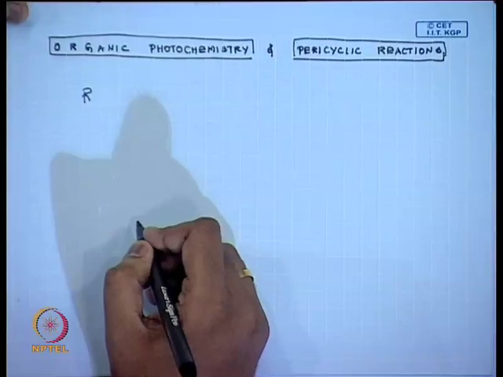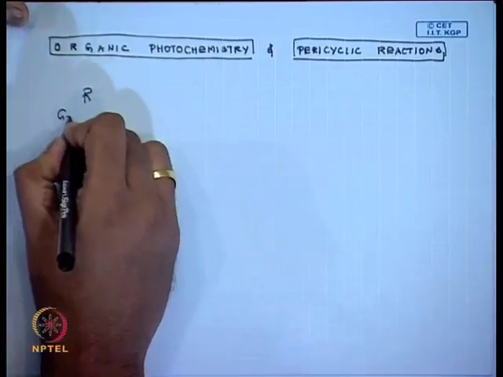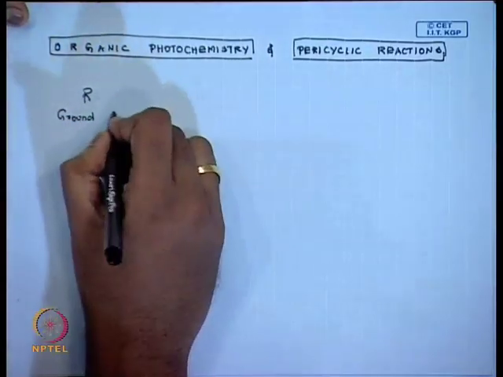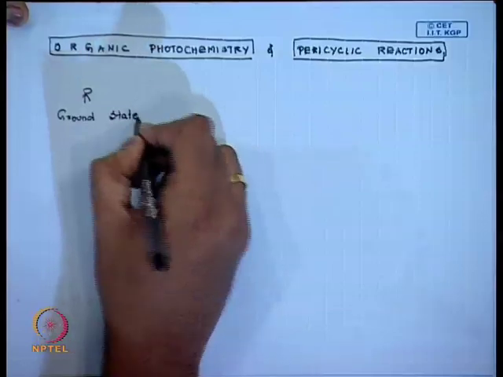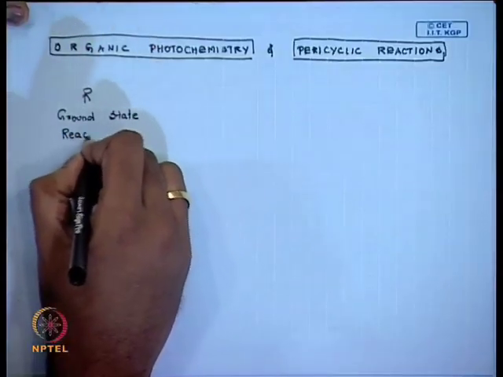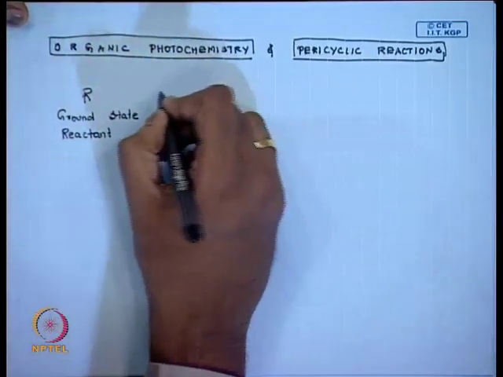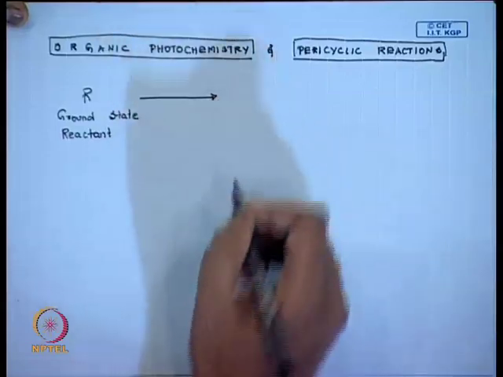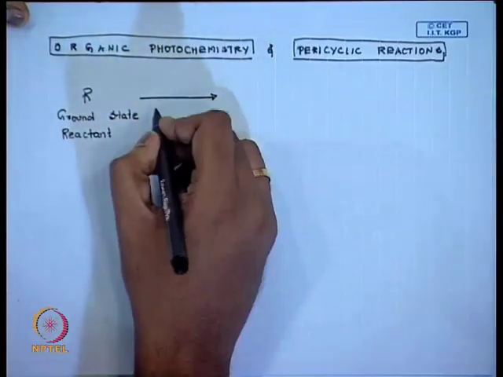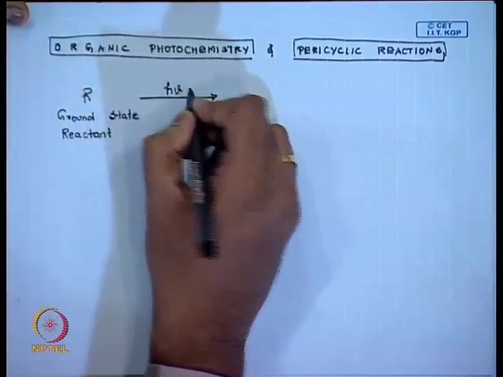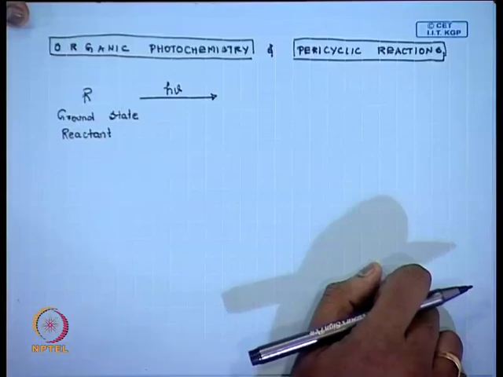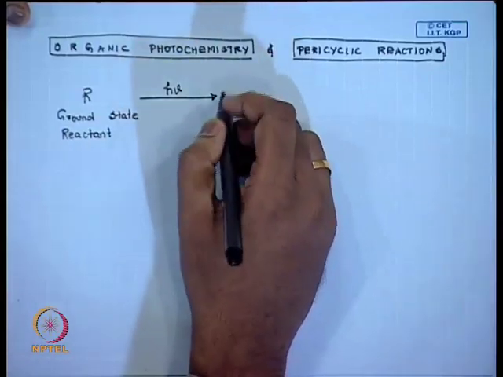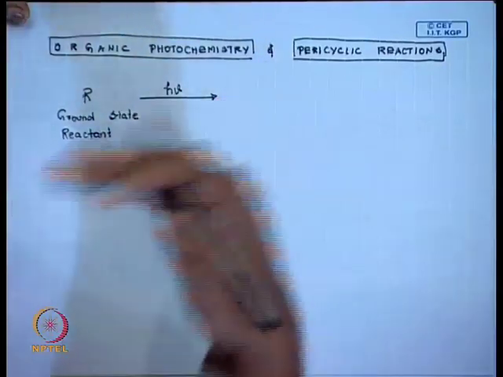You have an R, which we call a ground state reactant, you shine it with light, h nu, which we call a photon. This R now undergoes different sorts of transformations to give you the product P.